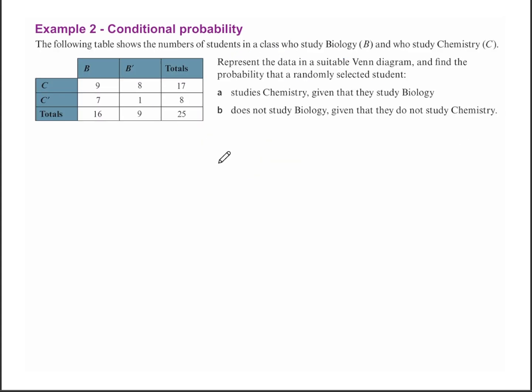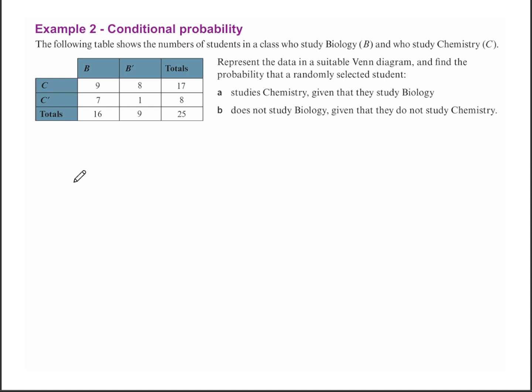Next, the following table shows the number of students in a class who study biology and who study chemistry. Represent the data in a suitable Venn diagram and find the probability that a randomly selected student A, studies chemistry given that they study biology, and B, does not study biology given that they do not study chemistry. So first, let's draw the Venn diagram.